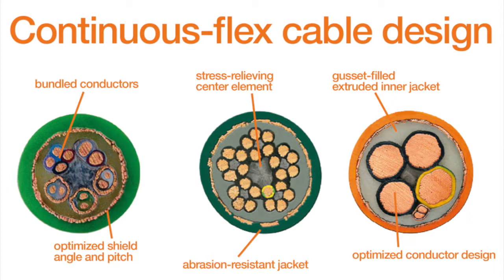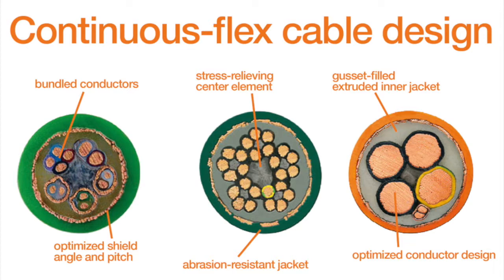The fourth aspect of a good continuous flex cable design is the stress relieving center element. That cable core is actually a material that essentially holds the conductors in place where they are inside the cable. It allows the conductors to be properly positioned without falling to the center.